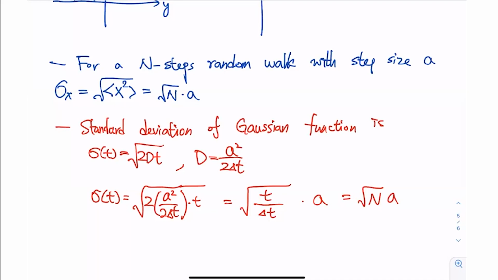And what we found is that the macroscopic theory also suggests that the variance will also be proportional to square root of n. So that also means that the step size, even though at first it seems like it is important for our derivation, actually is not really an important factor for our square root n behavior.